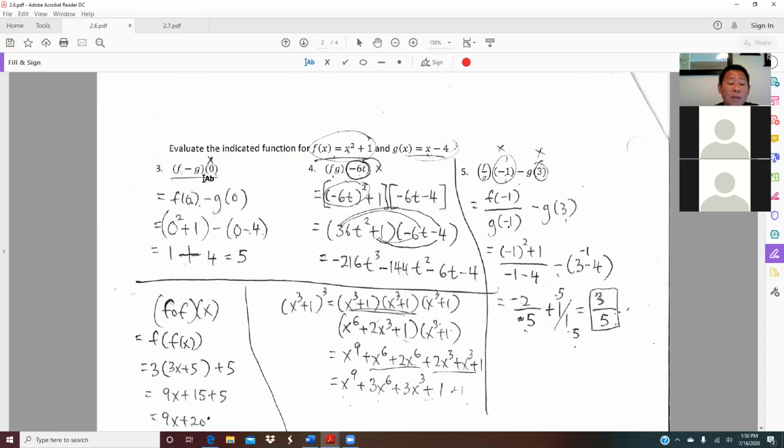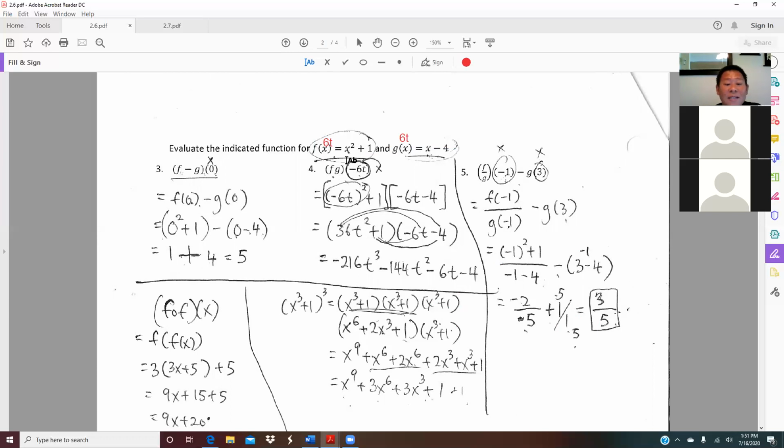So how we do this is, if I have f minus g of 0, you just do what f of 0 is, and then you do what g of 0 is, and then you subtract it. And don't forget, if you have a double negative, you can change it to positive. Okay. What is fg of negative 6t? It means that you plug negative 6t in f and you plug negative 6t in your g.